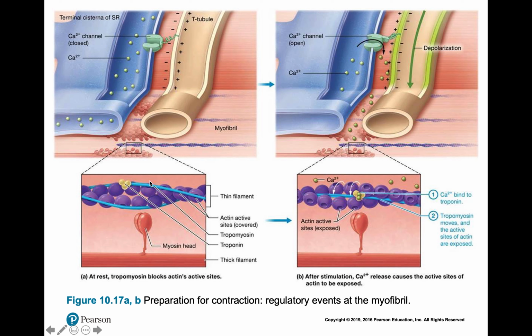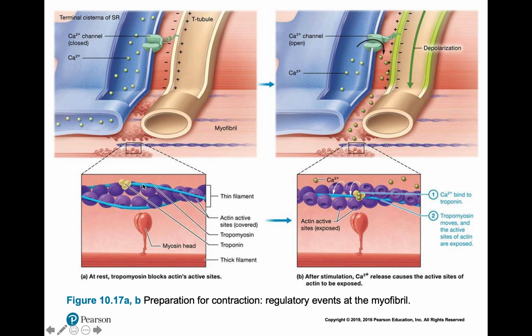And then there are regulatory proteins attached to the actin. So the purple is the actin, globular actin subunits arranged like beads on a string, with two strings wound together in a helical structure. The regulatory proteins are the blue and the yellow.